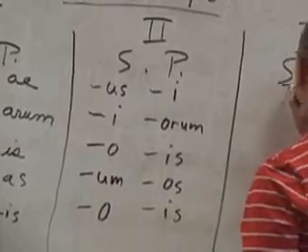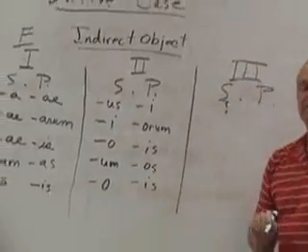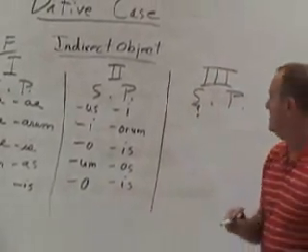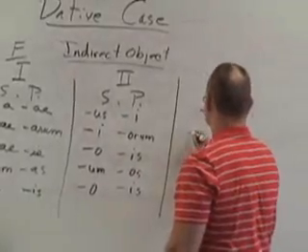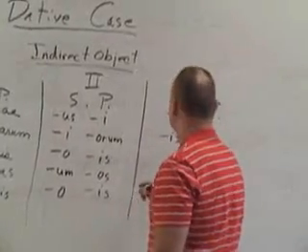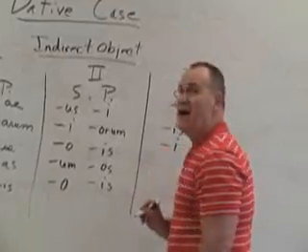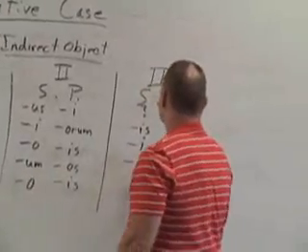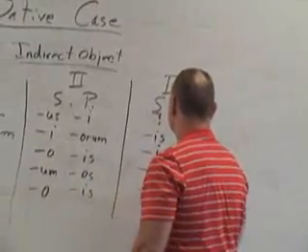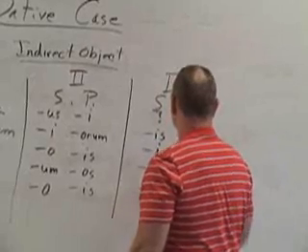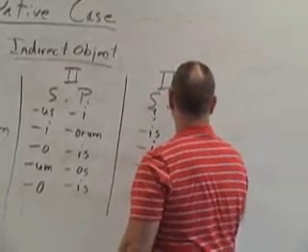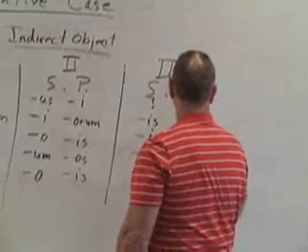Third declension, remember, there's no standard ending for the third declension. It could be anything in the nominative singular. But the genitive singular ends in IS, dative singular in I, accusative EM, and ablative E. Plural ES, UM.